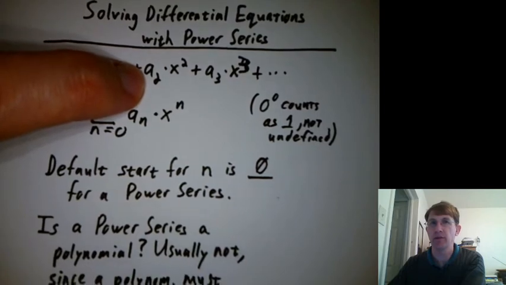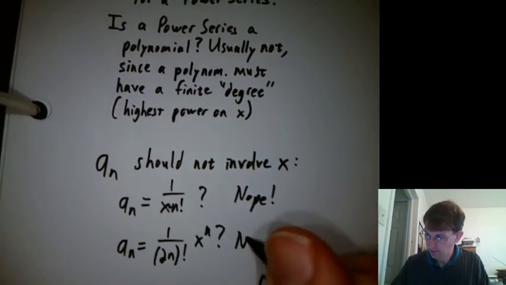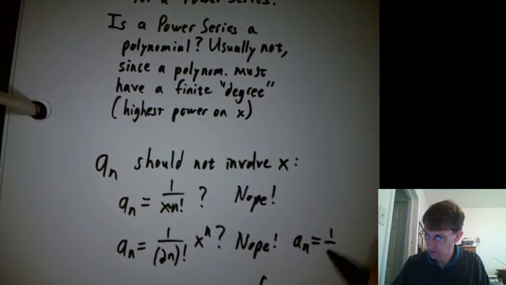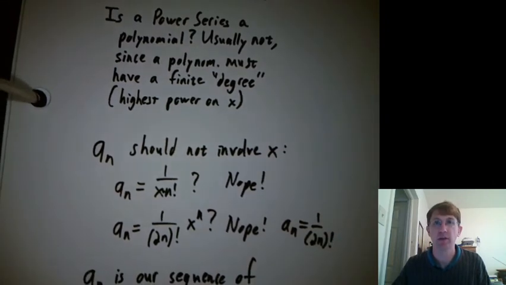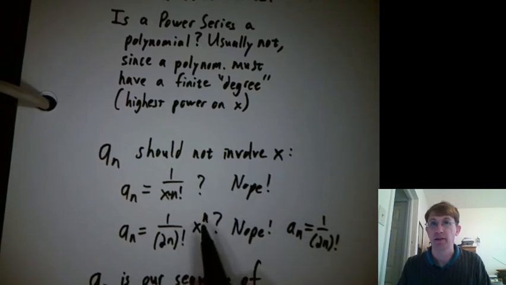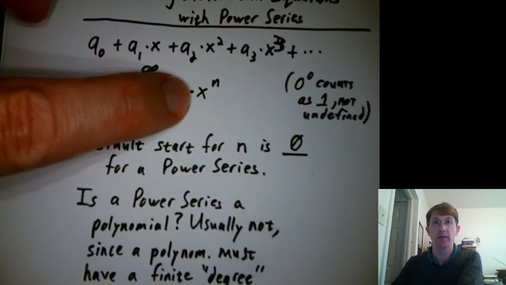The a component should just be 1 over 2n factorial. I said 2 to the n, but I meant 2n factorial. So that's how you would write a sub n, and then the x to the n is just taken care of by this part of the summation.